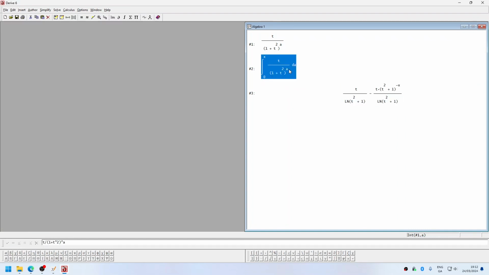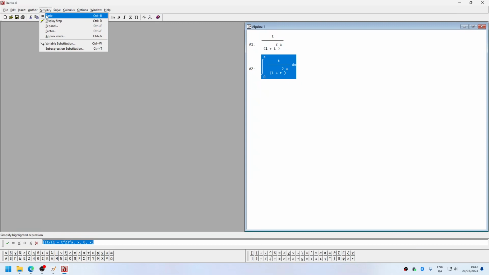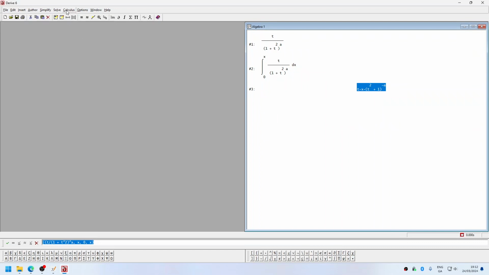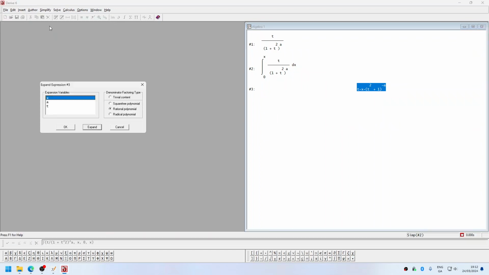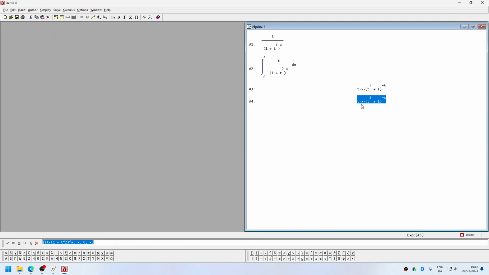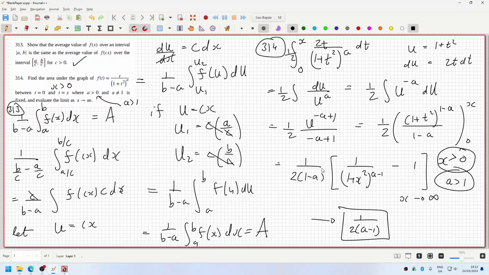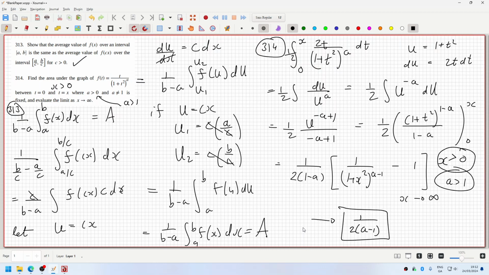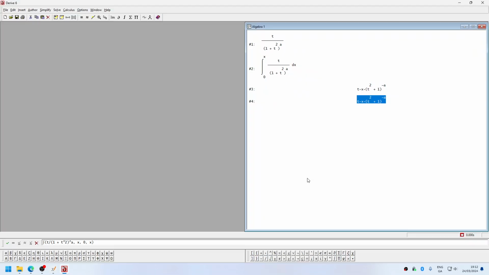That kind of is looking a bit like what I got, although I didn't get an x on the outside though, and I got a minus a. So are they doing some serious simplifying here? Oh, they must be, because you can multiply in.